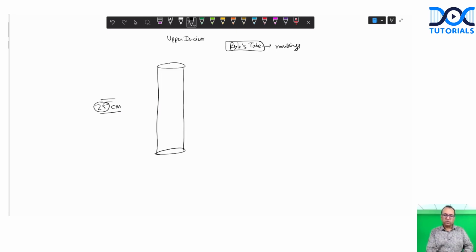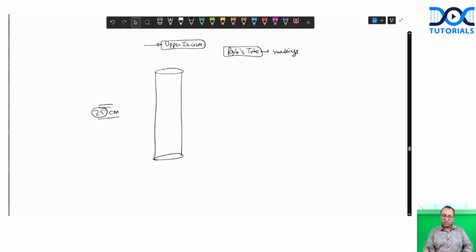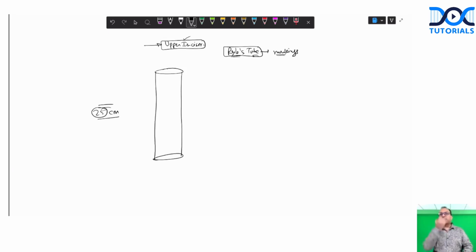So we want to know the length of the Ryle's tube from the upper incisor as you are putting it in. It is a gastric tube, so nasogastric tube. It is not only nasogastric; you can put it through the oral cavity also, an orogastric tube, maybe for feeding purpose or some other purpose.